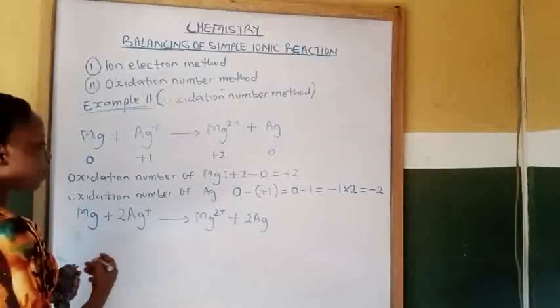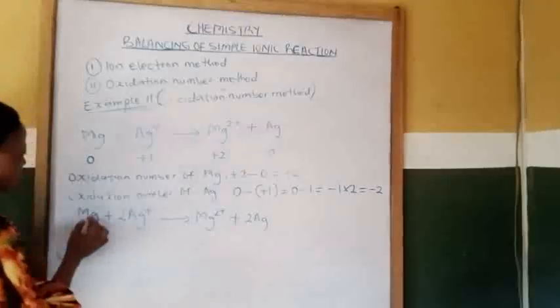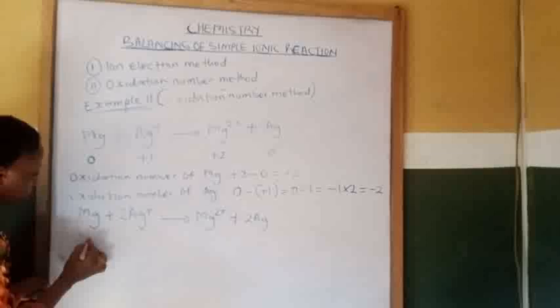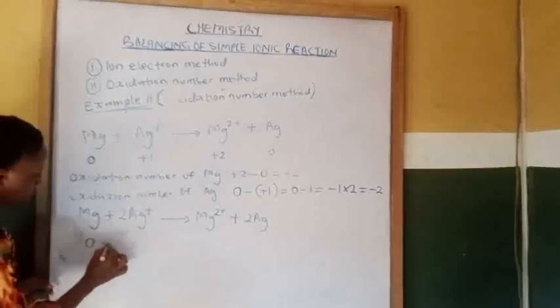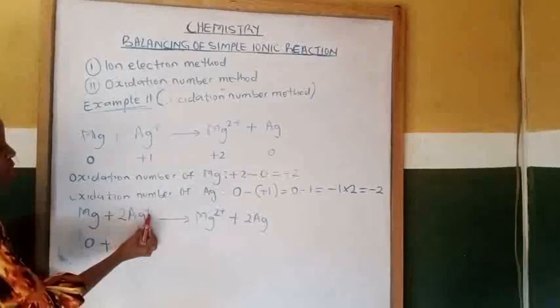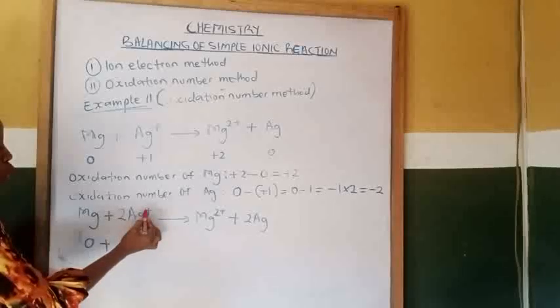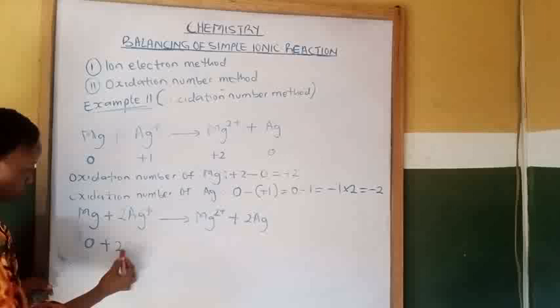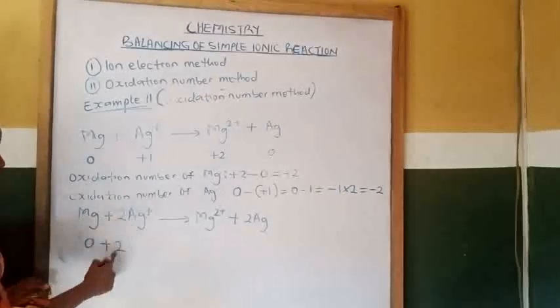Let's calculate the number of electrons at both sides. Now, what is the oxidation number of magnesium? That is 0. Then plus, the oxidation number of silver is plus 1. Plus 1 times 2 will give me 2.